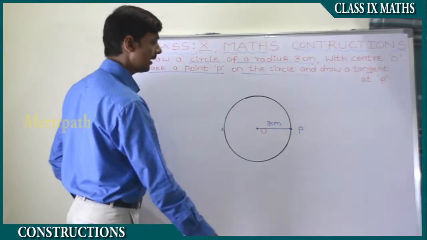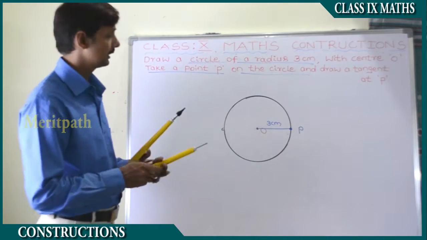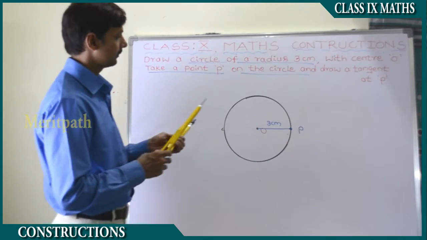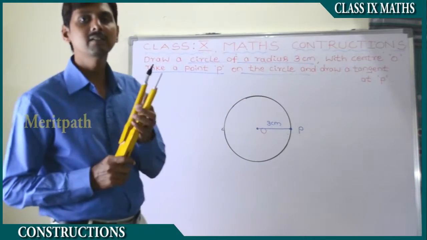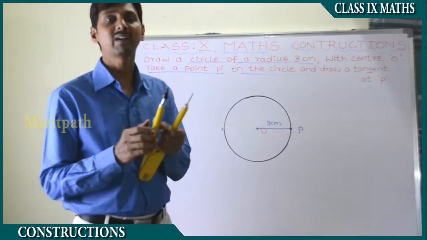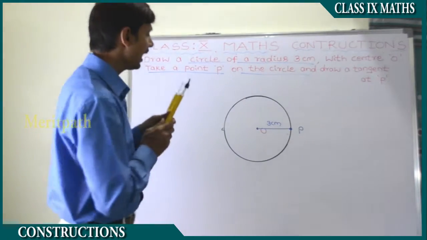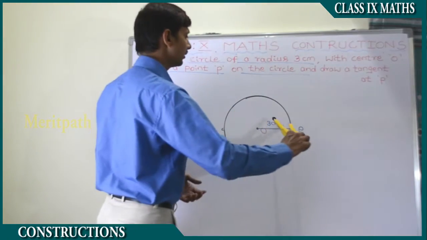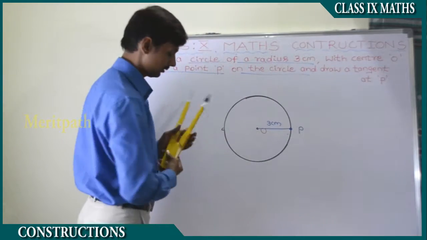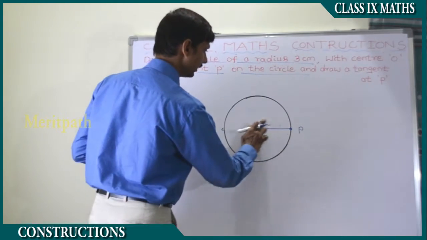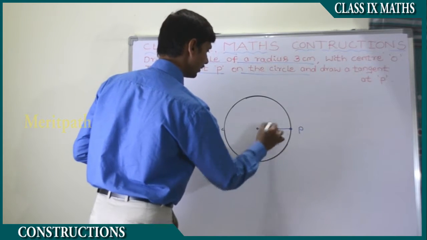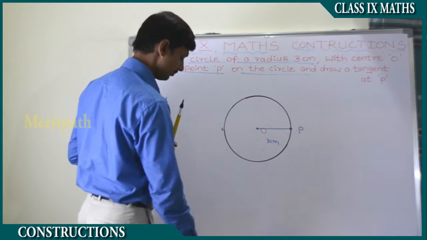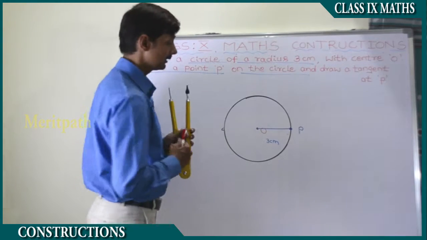Now, to draw a tangent for P, take some radius, either 1 centimeter, 2 centimeters, anything we can take. Using the same radius, let's write this 3 centimeters here to understand clearly. It's center O, and the radius is 3 centimeters.